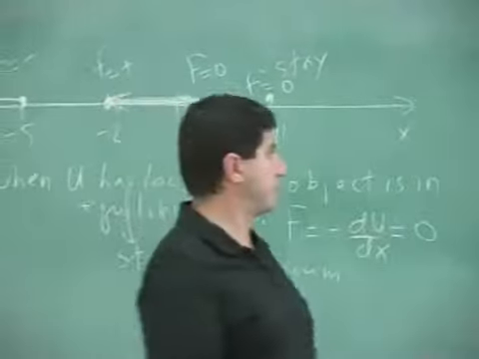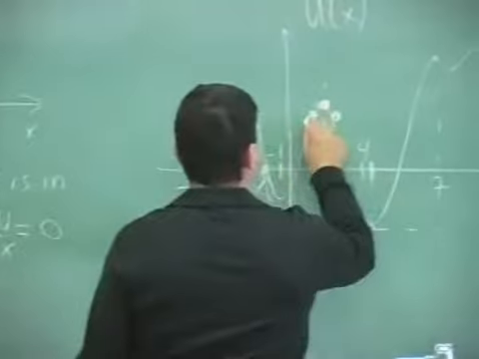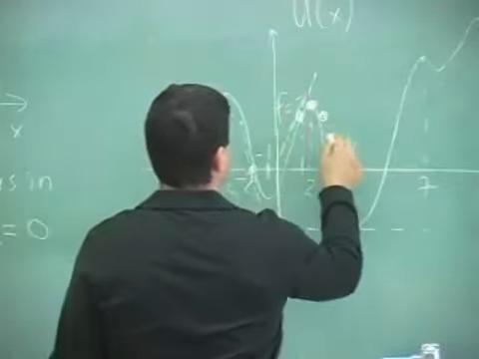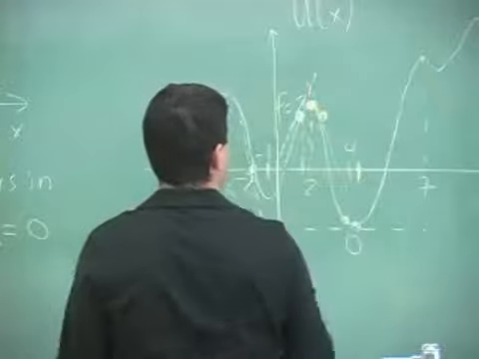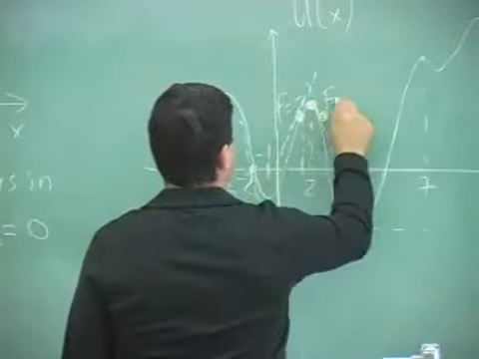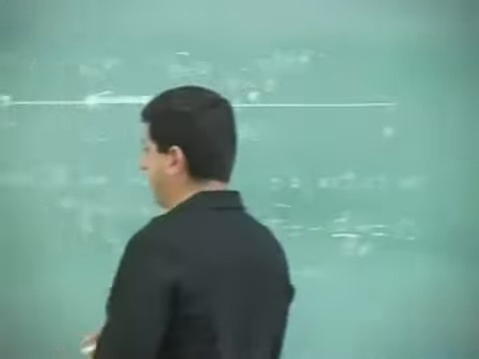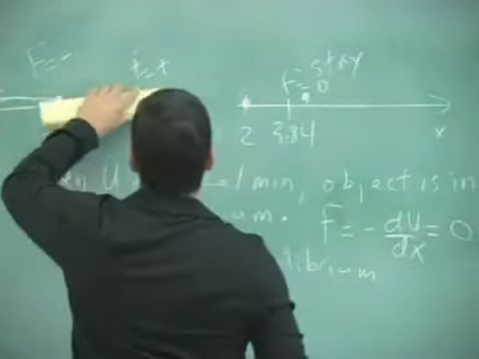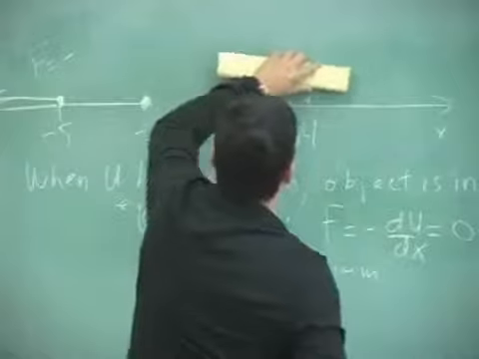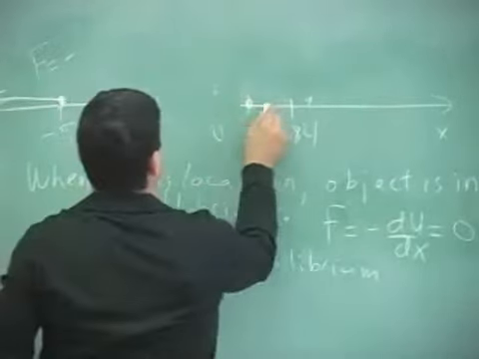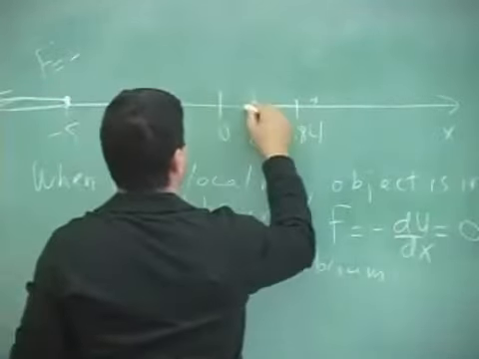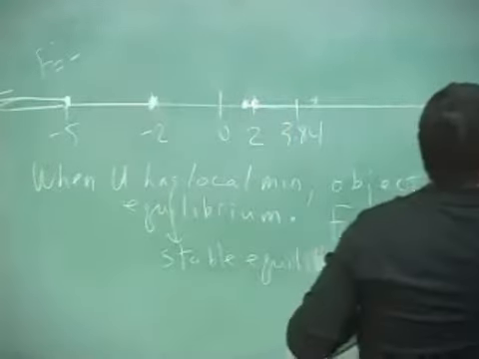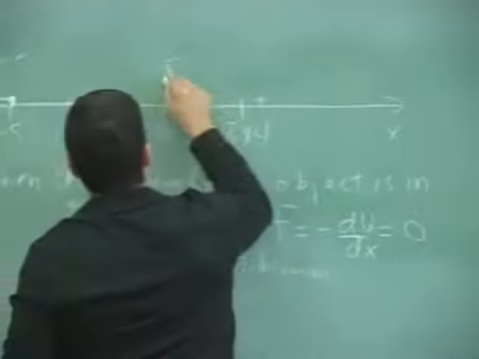And the other way to visualize that is when the derivative of this is positive, the force is negative, and when the derivative of this is negative, the force is positive. So if it's placed at, let me erase some of these older ones, if it's placed at 1.8, right here, the derivative is positive, it's going to feel a negative force.